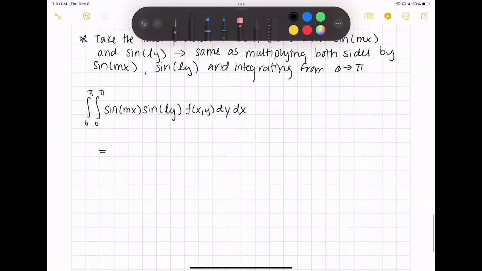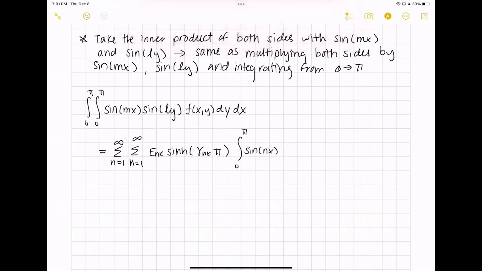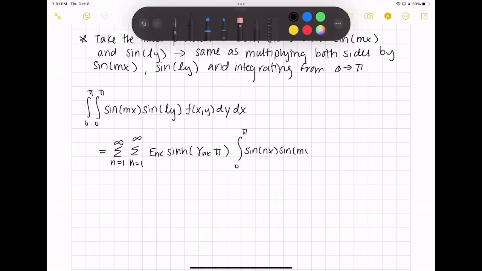And that is going to be equal to, I'm going to write it on the second line, E_nk, hyperbolic sine, and then the integral, and then our other integral in terms of y.